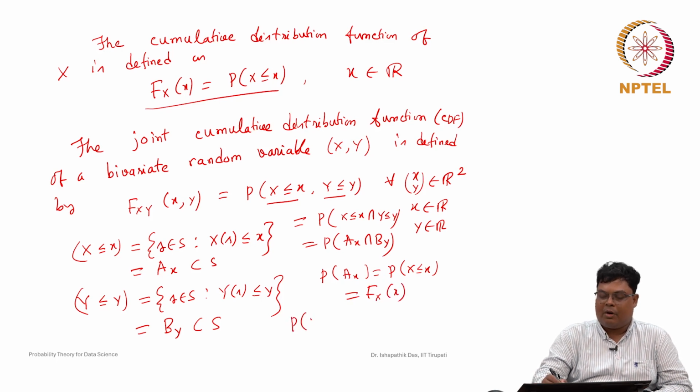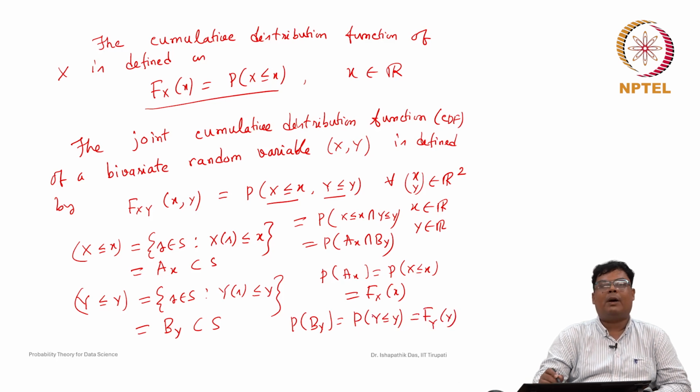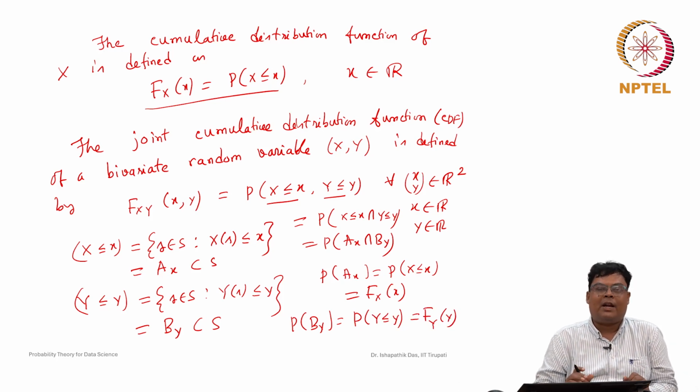So, similarly, the probability of B is denoted by probability of Y less than or equal to y. This is nothing but the cumulative distribution function of Y. So, whenever we are talking about a bivariate random variable, and we denote F_XY of x comma y, the joint cumulative distribution function of the bivariate random variable, then the cumulative distribution function of a subset of the random variables, here only X and Y, so the cumulative distribution function of X and the cumulative distribution function of Y, we say it is a marginal distribution.